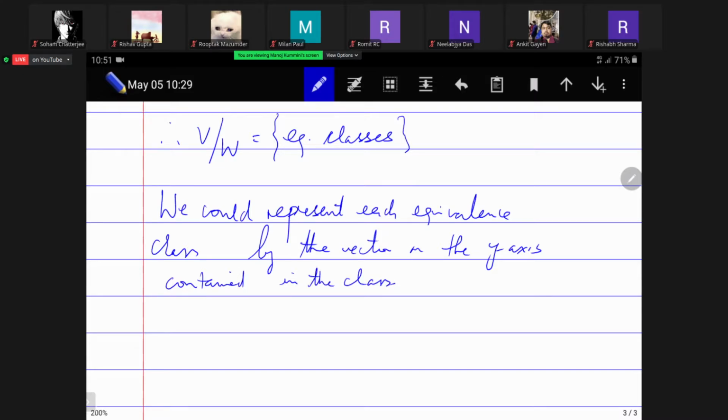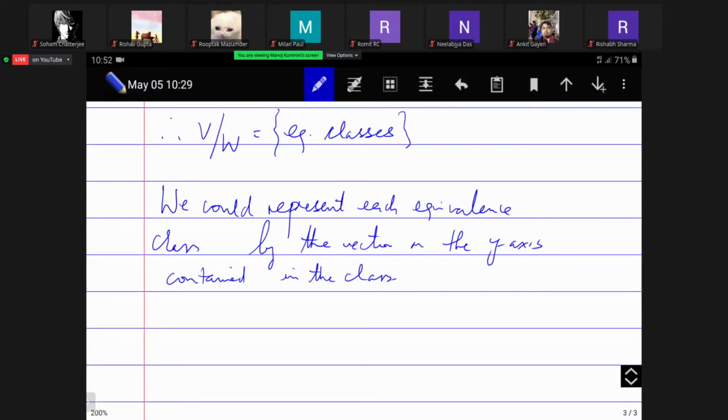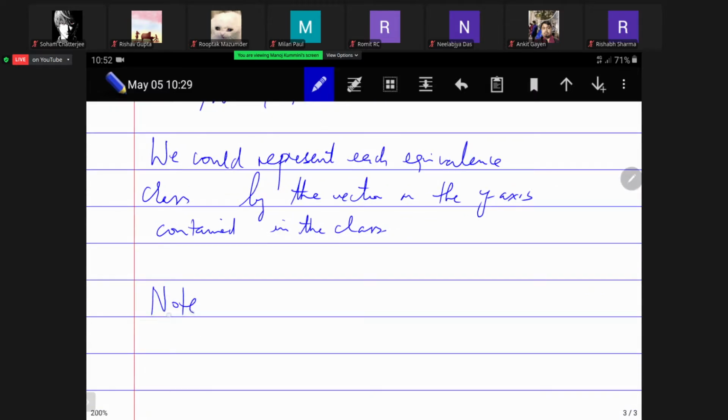It is easy to check that a single class can contain exactly one element on the y-axis, because if two vectors on the y-axis belong to the same equivalence class, the difference must be horizontal, but then that means the two vectors are the same. So note, each equivalence class contains a unique vector on the y-axis.